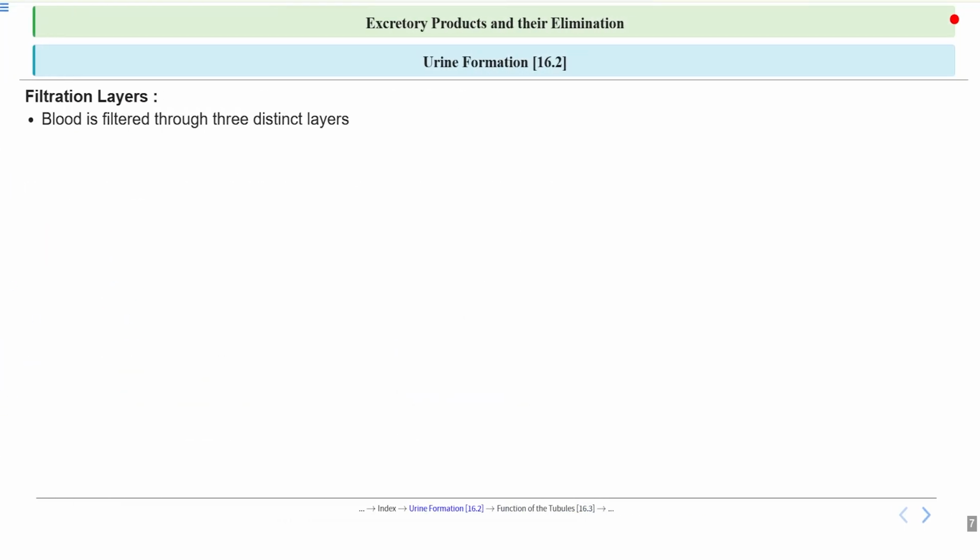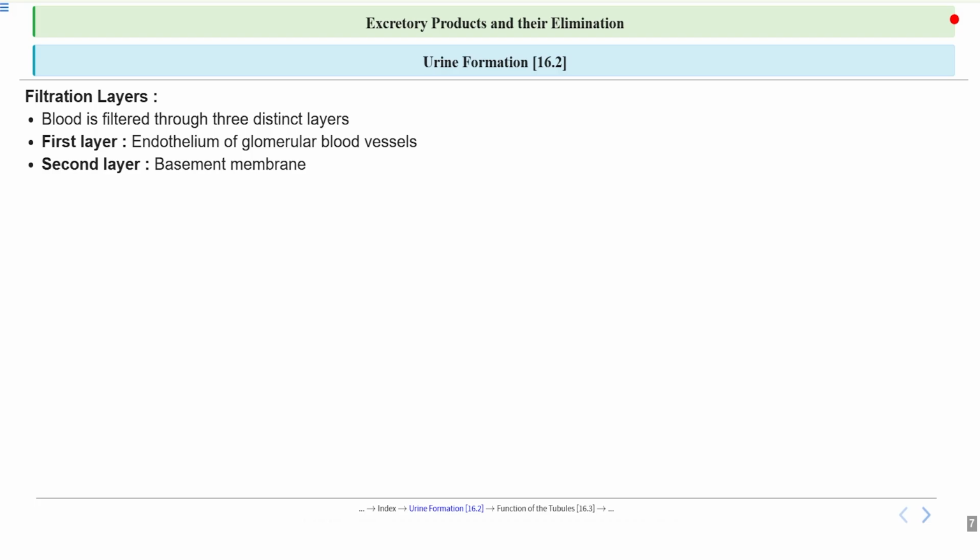So to summarize, blood is filtered through three distinct layers in the kidney. Each layer here acts like a different stage in a water purification system, ensuring only waste and excess substances are removed. The first layer here is the endothelium of glomerular blood vessel. This is the initial barrier, allowing only small molecules to pass while keeping larger components like blood cells inside the bloodstream.